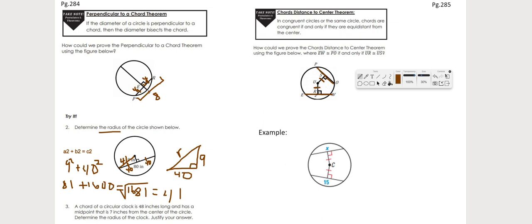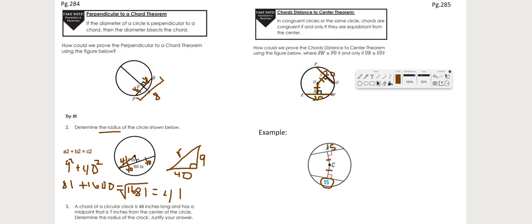So if I tell you that this chord is 20 centimeters, then this chord is 20 centimeters. That's because the distance from the center to the chord is equidistant, meaning the same length. Notice here they're telling you that these two chords are equidistant. They give you 15, so this x will be equal to 15.